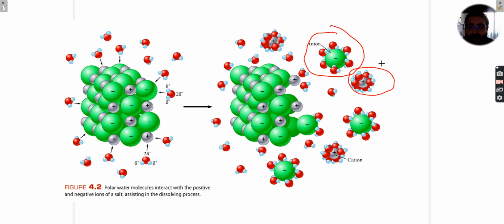All right, and it's a very common thing that happens. I think we've done an experiment like this, and if not, we'll do it again. Copper sulfate is a blue crystal, and when you heat it up, it turns white.